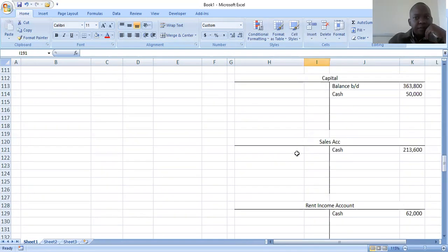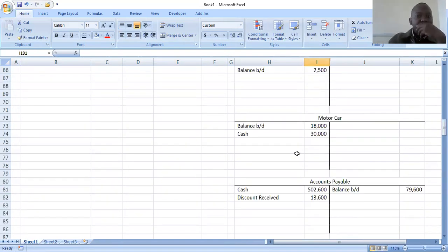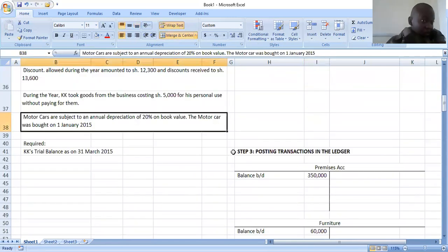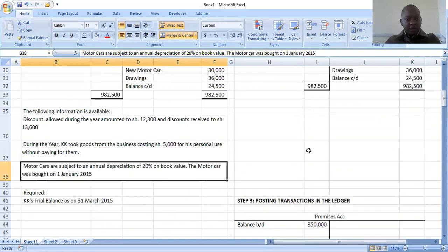Then we proceed to the last additional information: motor vehicles are subject to an annual depreciation of 20% on the book value. The motor car was bought on 1st January 2015. So we have a depreciation on motor vehicles, and we work on this.